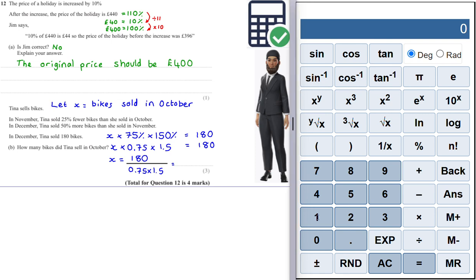You're going to get 180, and then divide that by 0.75, and multiply that by 1.5, close the brackets, and there we have our answer. Our answer works out to be 160 bikes which have been sold.